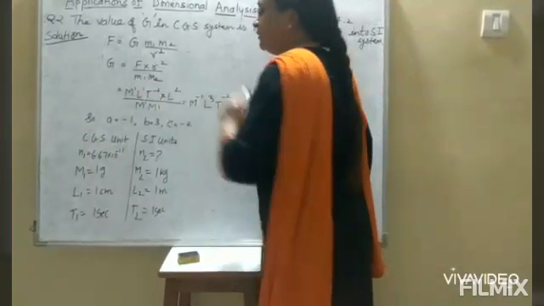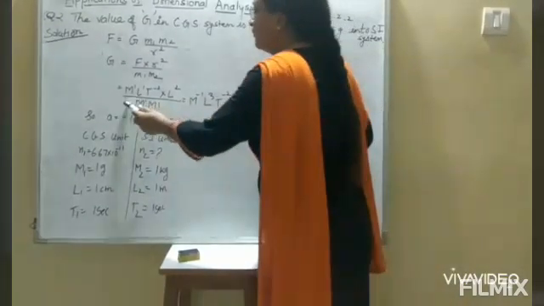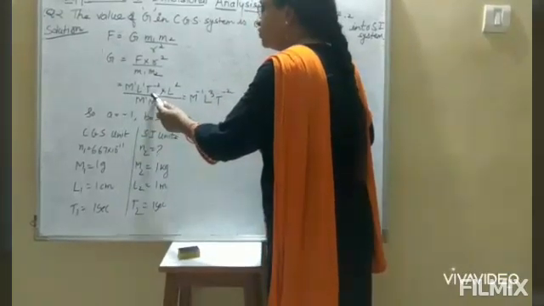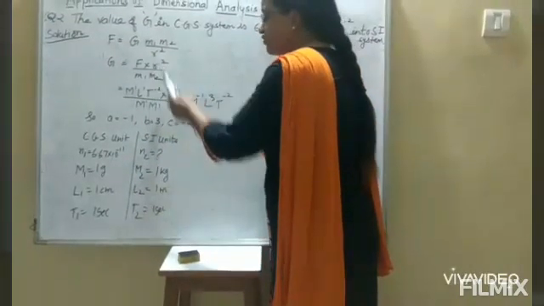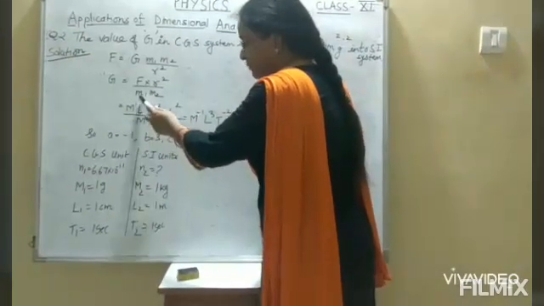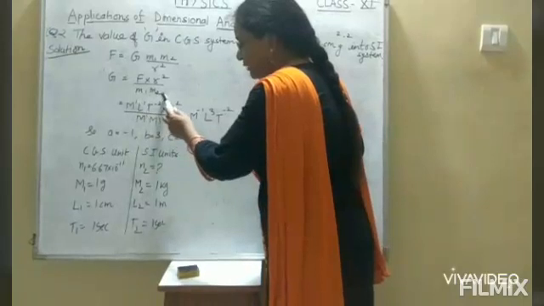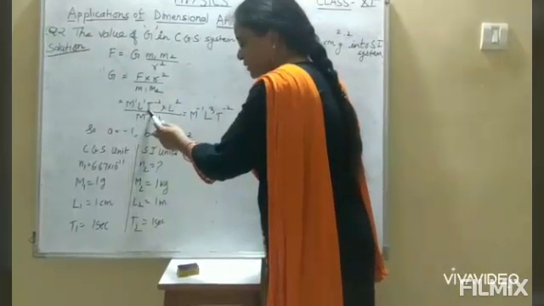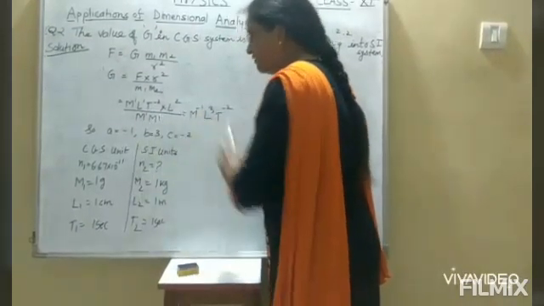First of all, the dimensional formula of force is M^1 L^1 T^-2, into distance squared, that is L^2, upon m1 into m2. The dimensional formula of m1 and m2 are both M raised to power 1 into M raised to power 1.